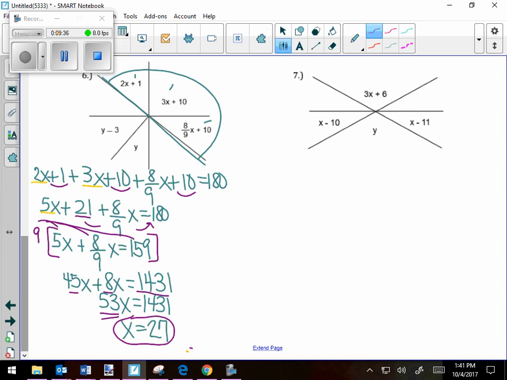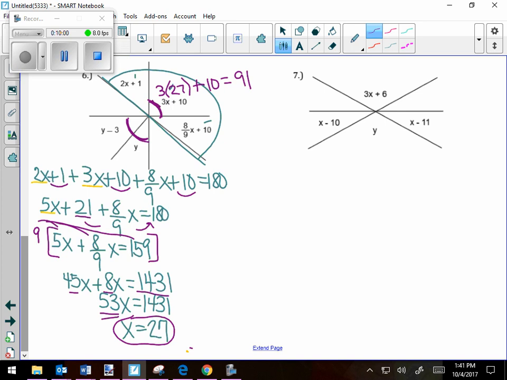From here, when I go back and I'm looking at the y values, what I notice is that I have straight lines that cross to give me the 3x plus 10 angle and this combination of y plus 3. Because x is 27, I can figure out how big this angle is, which turns out to be 91 degrees.